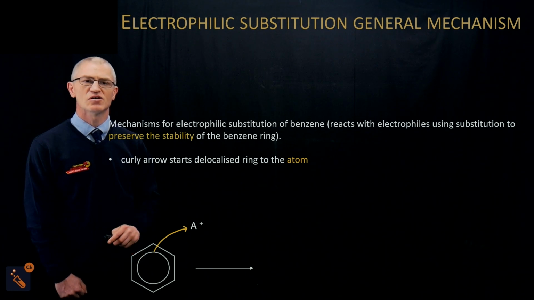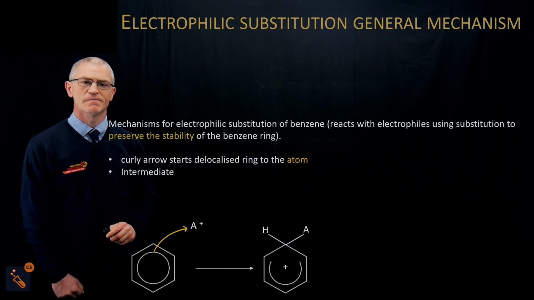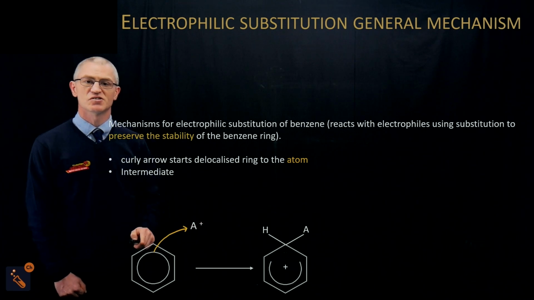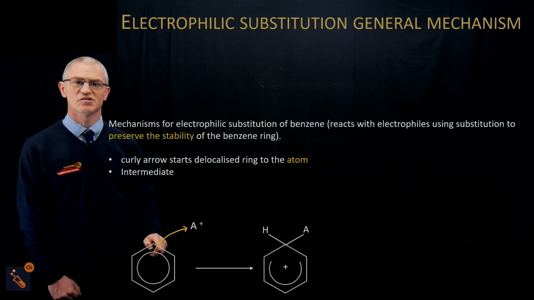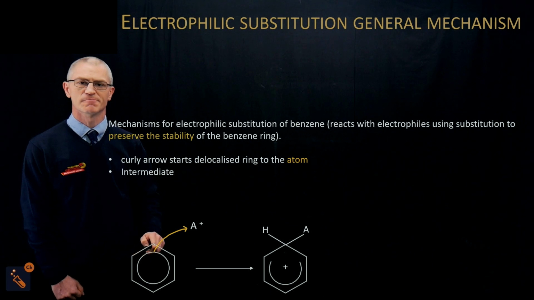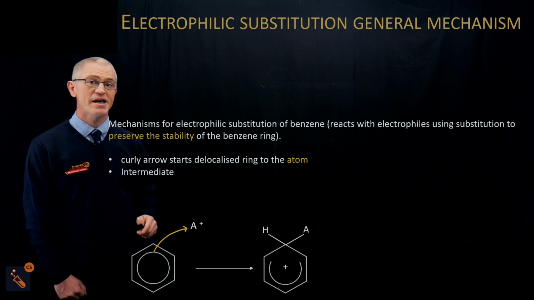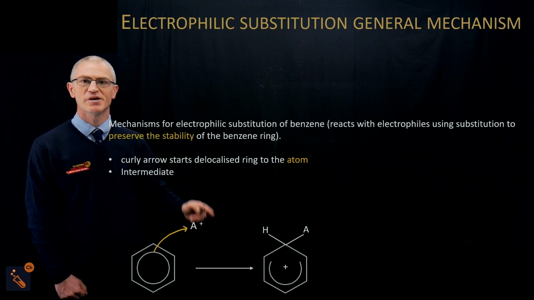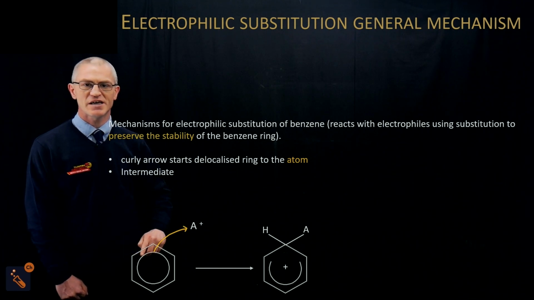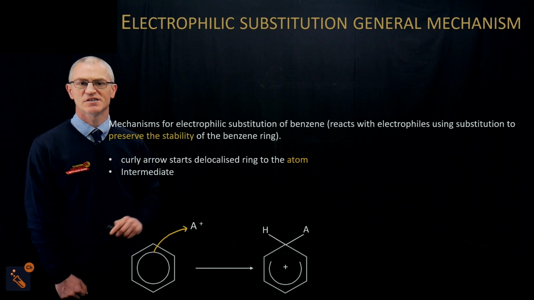We then look at our intermediate. Our intermediate has lost 2 electrons. Those 2 electrons are gone from inside the ring, because this arrow is the movement of a pair of electrons. So if that pair's gone out, there are 4 electrons going around here. That means I've taken 2 out of the 6.